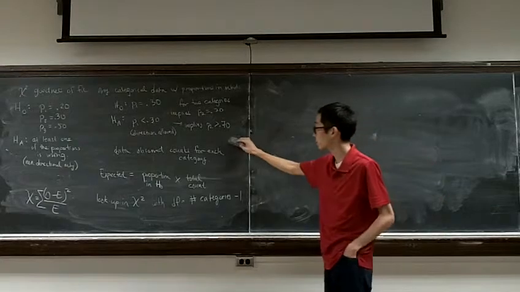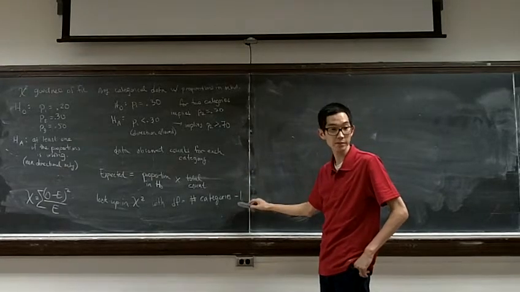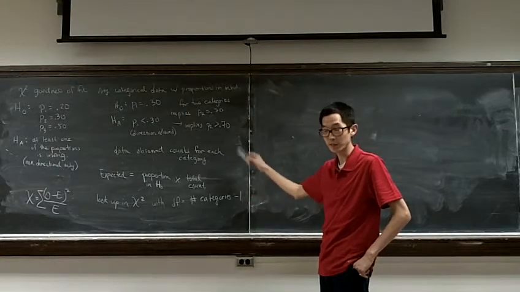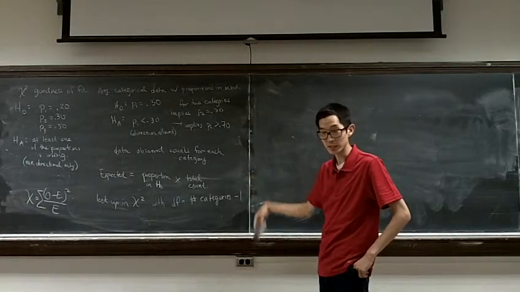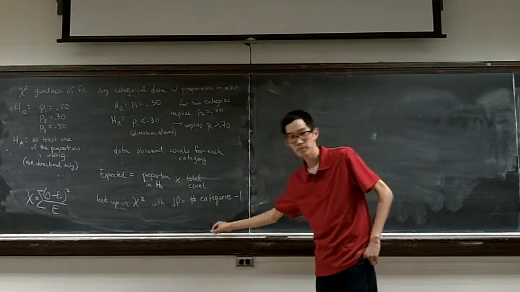If you have a directional alternative, then your p-value will be half of the tail given in the chi-square reference table.